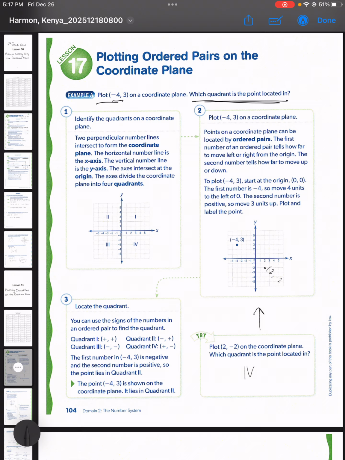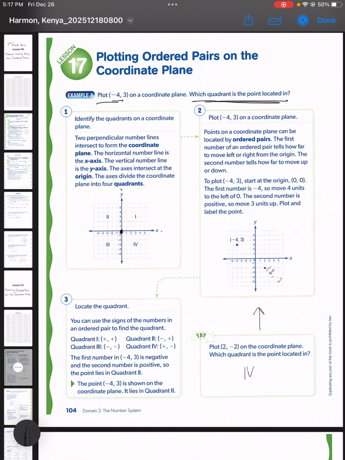Before doing any work, we need to orient students to the coordinate plane. So reminding students that the coordinate plane is made up of 2 perpendicular lines. The horizontal line is the x-axis, the vertical line is the y-axis. The point in which they intersect is the origin. So 0, 0 is the origin.